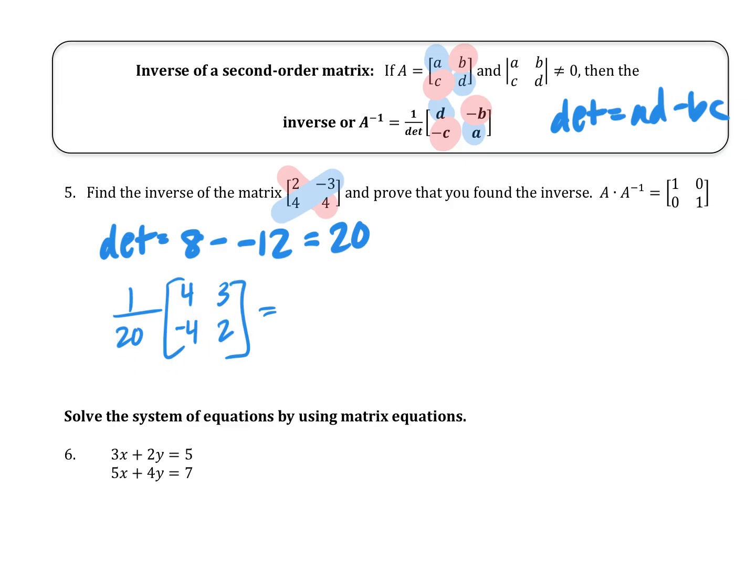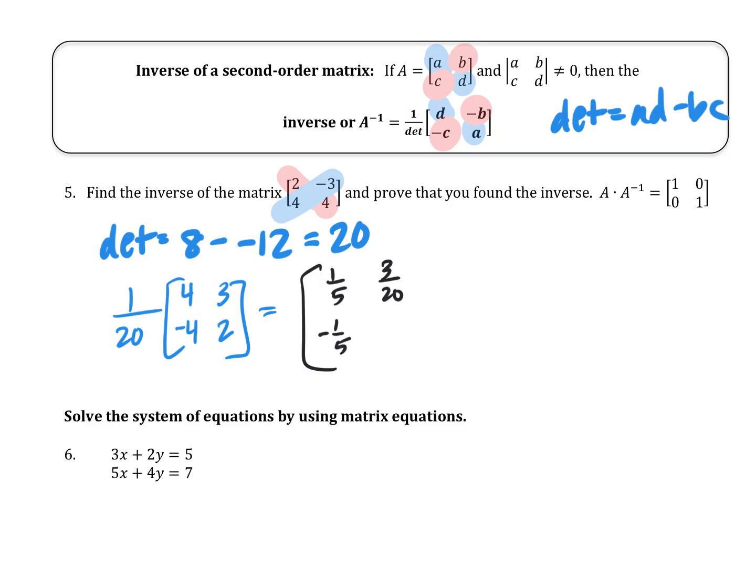Without our calculator, we can do this. 1/20th times 4 would be 4/20ths. 4/20 is the same as 1/5. 3 times a 20th is 3/20ths. We can't simplify that one. Negative 4 times a 20th is negative 1/5, way to use your resources.